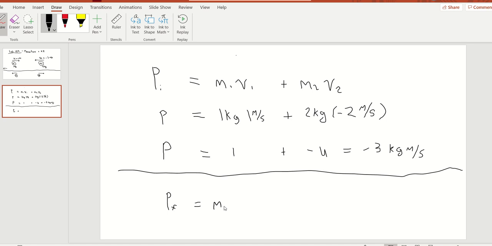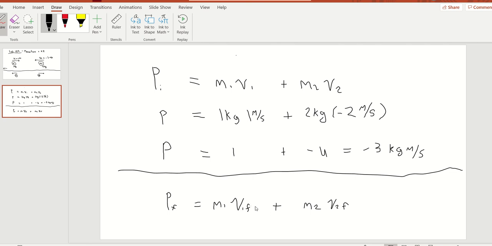It's going to be M1 times V1 final plus M2 times V2 final, where now velocities of the two objects are going to change. Okay. These velocities are going to change.